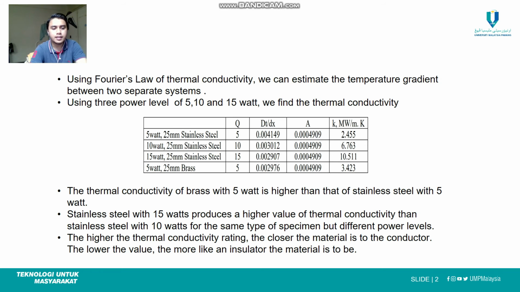So we can say the higher the thermal conductivity rating, the closer the material is to being a conductor, and the lower the value of the thermal conductivity, the more likely it is an insulator.